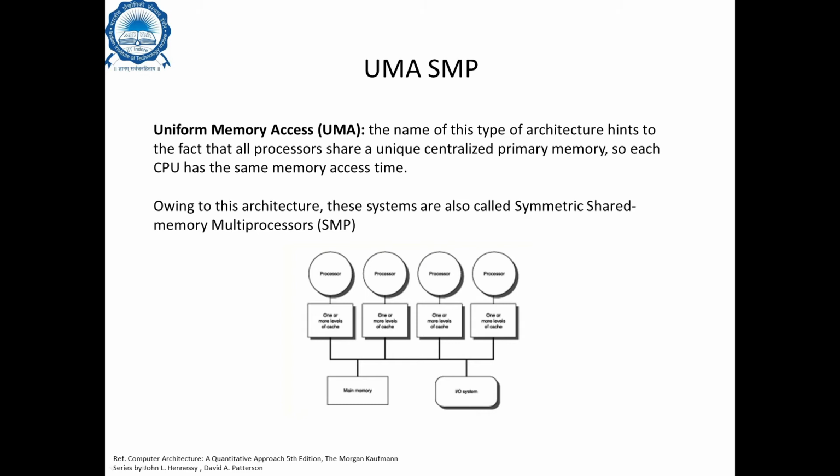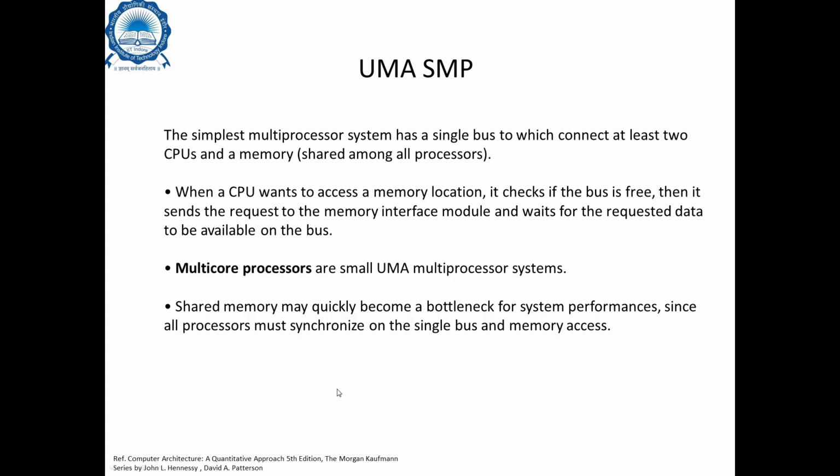So if you look at the diagram here, all processors have their own one or more levels of caches, but they're all sharing one centralized primary main memory here. The simplest multiprocessor system has a single bus to which it connects at least two CPUs and a memory. And when a CPU wants to access a memory location, it checks if the bus is free.